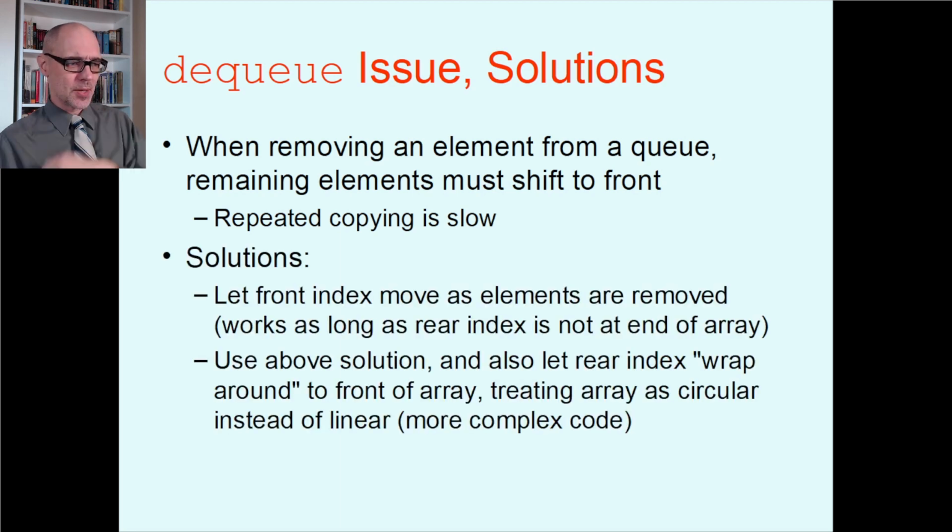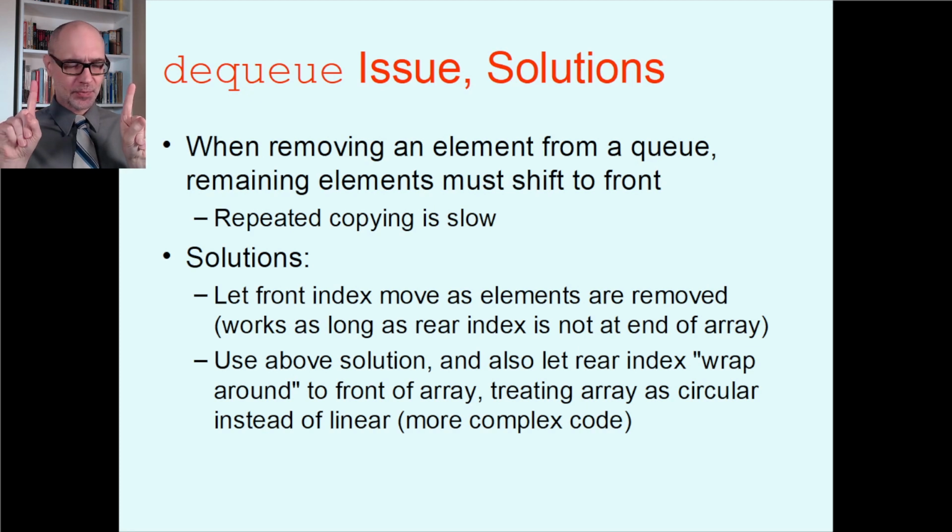Well, one solution would be to not always be pulling stuff out of subscript 0, the beginning of the array. You could bring in a new variable that tracks where the current front is. And as you pull stuff out, front goes from 0 to 1 to 2 to 3 to track what's currently technically the front without moving stuff around. Okay, that's interesting.